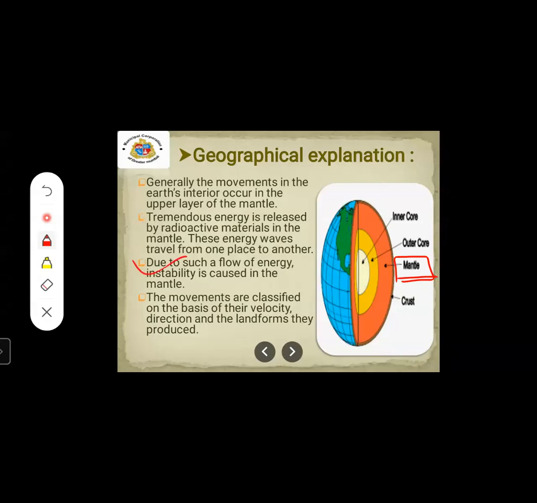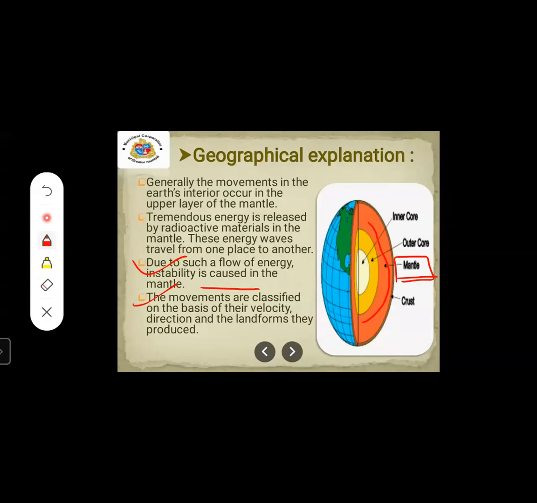Due to the flow of energy, instability is caused in the mantle. The movements are classified on the basis of their velocity, direction, and landforms they produce. Means in this upper layer of the mantle, whichever energy travels and flows, that is instability, there is no stability. Yes, then because of this instability, students, there are various movements which we can see.